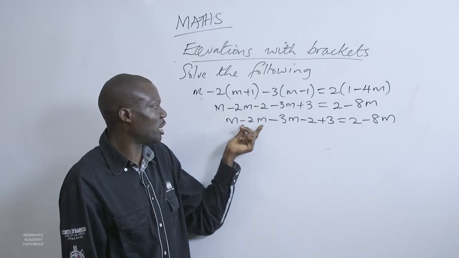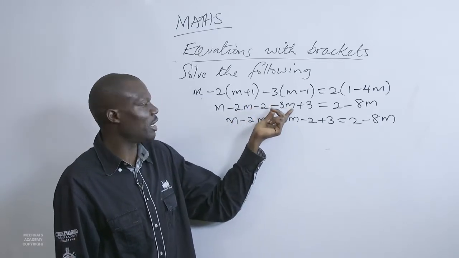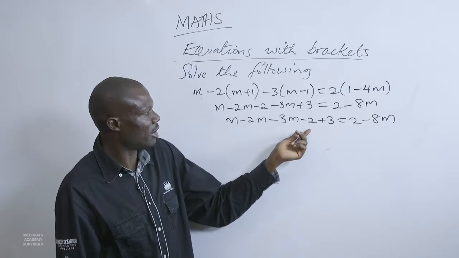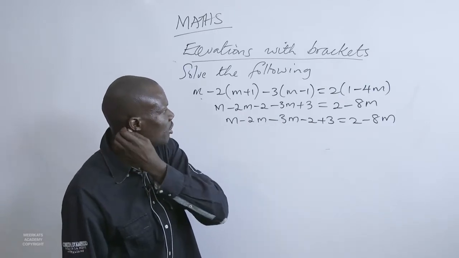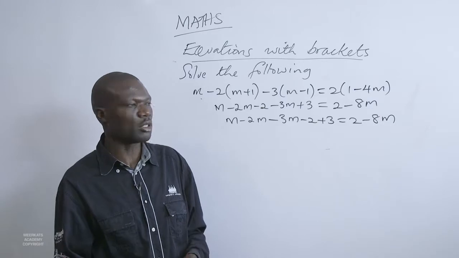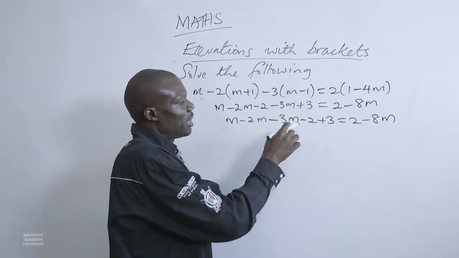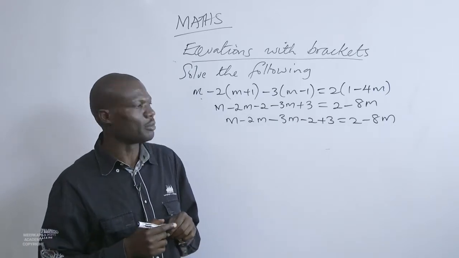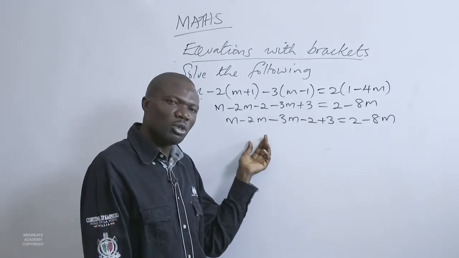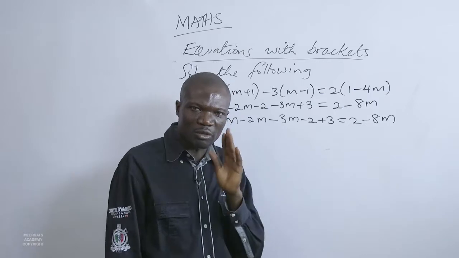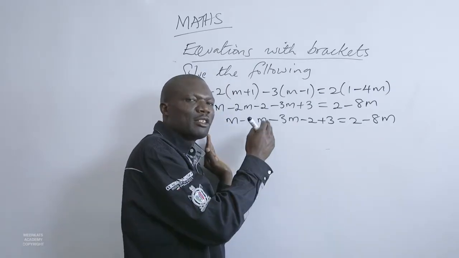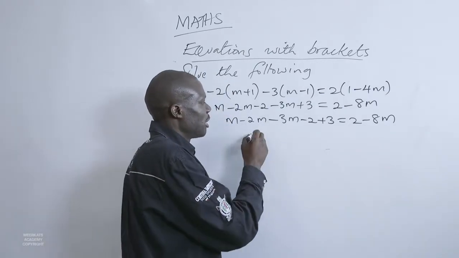There's a minus 2 here, it is here. Minus 3m, it is here. And then 2 remains. On the other side we have minus 8m, it is there. So m minus 2m minus 3m. Now, minus 2m and minus 3m gives us minus 5m. m minus 5m will give us minus 4m.